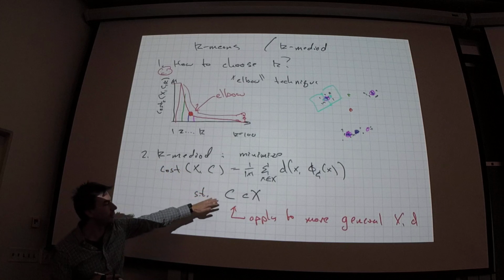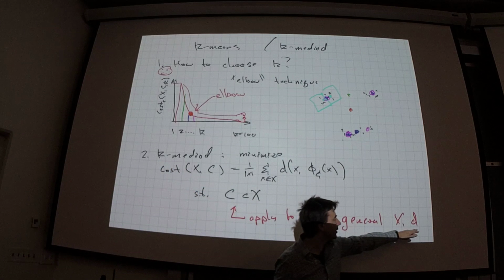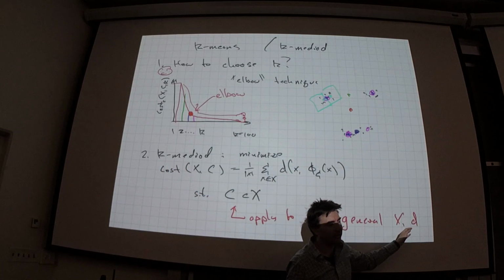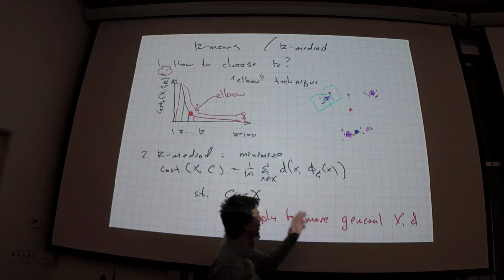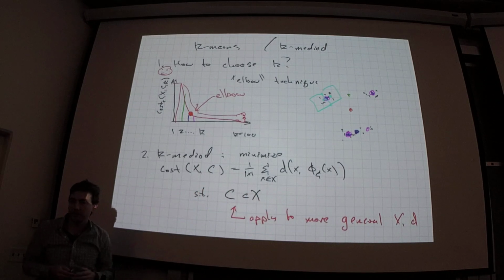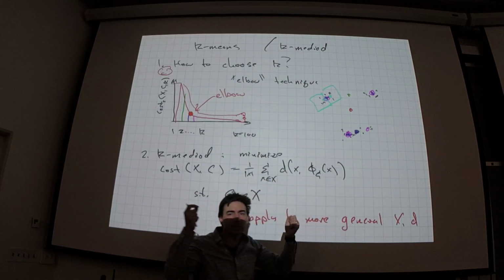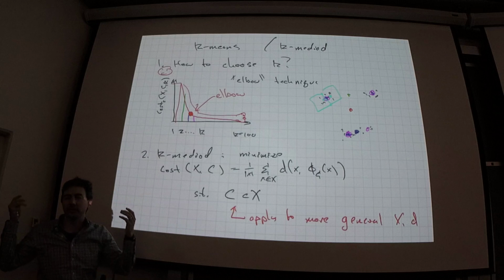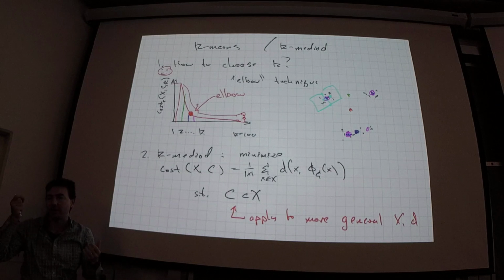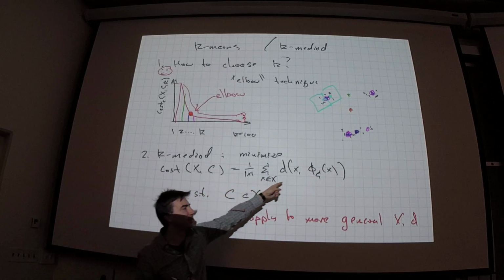If I don't have Euclidean distance as my distance and vectors here, then you'd probably use the k-medoid formulation. I could still run this with the squared formulation, but the squared was really only there because the mean then gave me an easy solution for how to pick the center. So if I'm not doing that, I might as well just use the sum of the distances.